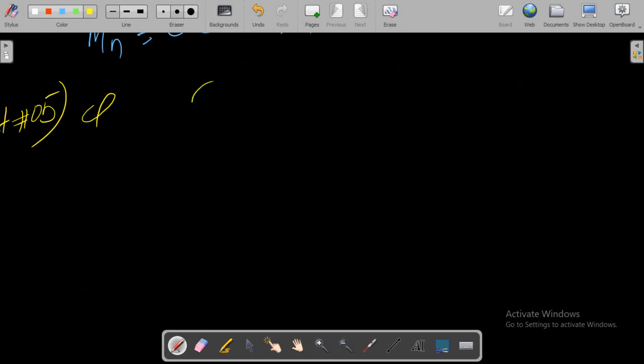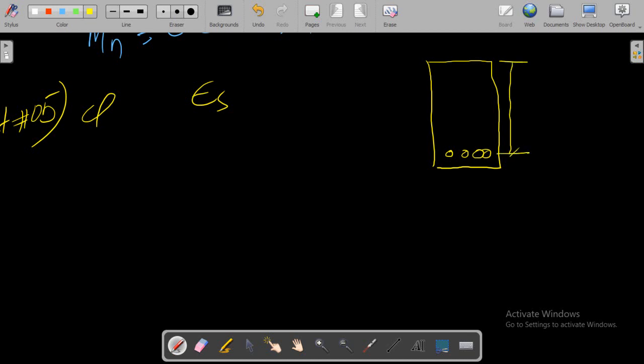As we calculated the value of epsilon s, if the steel is provided in one layer, this is important, in this case the effective depth d is equal to dt.